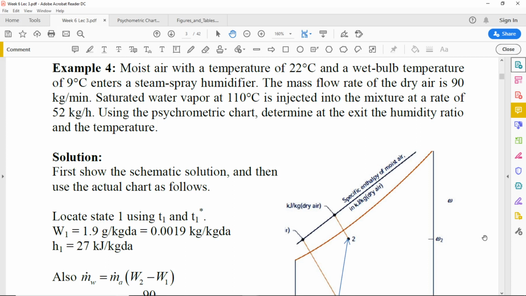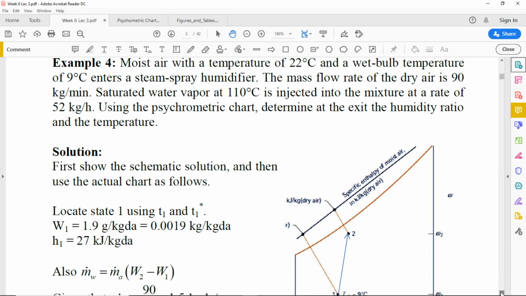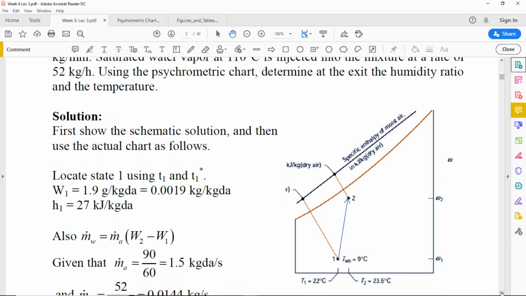What we will do is first locate the state point on the psychrometric chart, and as I told you earlier, you have already identified the process and sketched it at the beginning, and then you move on to the psychrometric chart.